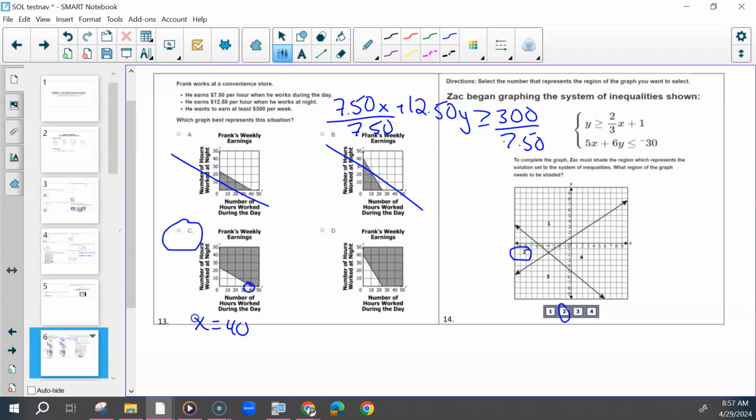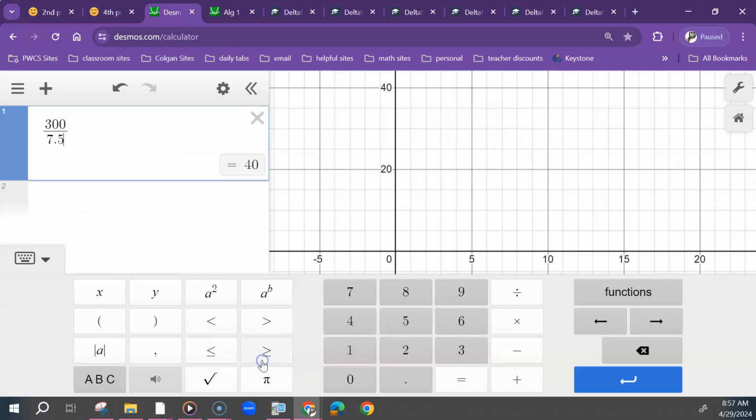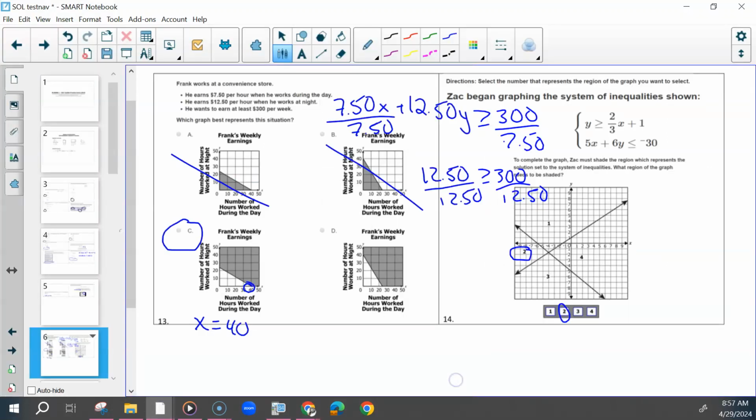And then if I did the same thing, divide both of these by 1250. We get 24, which is in between the 20 and the 30. And if we did that here, it's backwards.